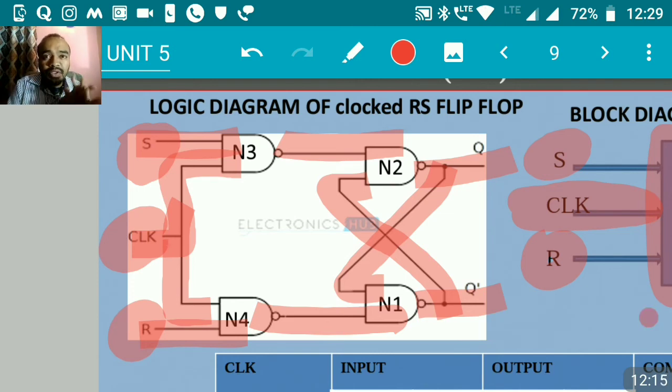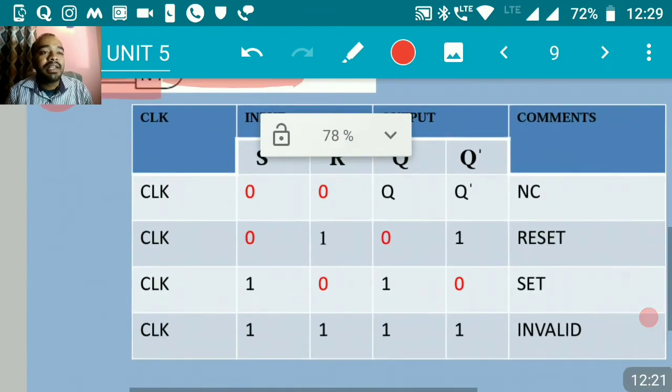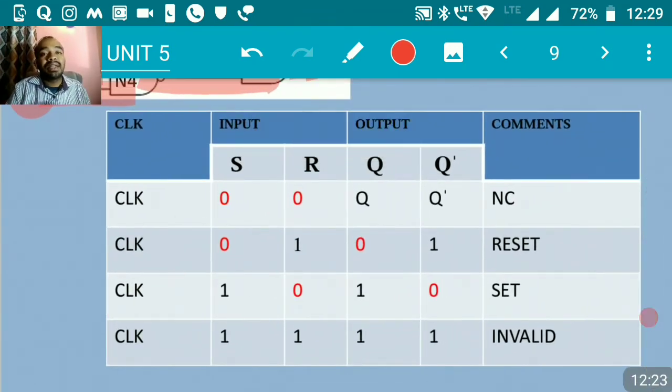Once you understand the logic diagram of the clocked RS flip-flop, let us understand its truth table. Just observe the truth table. It is very similar to that of your RS flip-flop, but here the only change is that we have a clock pulse added along with input, output and comments.